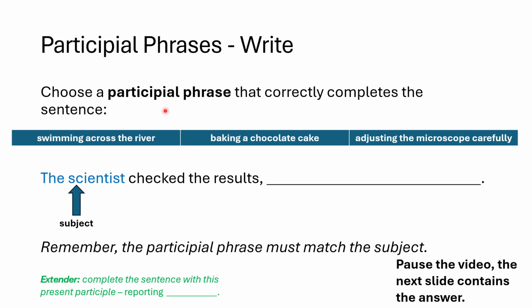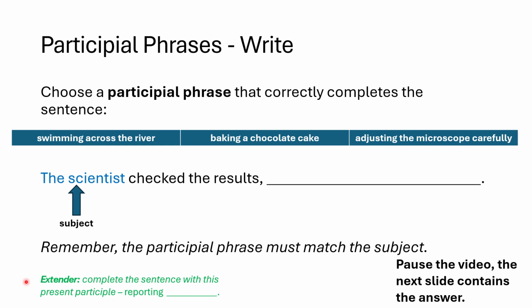Choose a participial phrase that correctly completes the sentence. The scientist checked the results, swimming across the river, baking a chocolate cake, adjusting the microscope carefully. Remember, the participial phrase must match the subject.